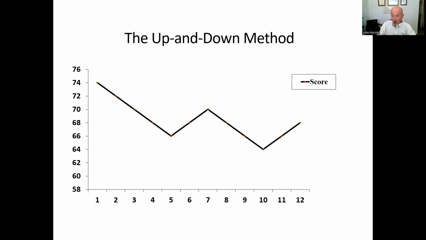I gave it to the group, they made judgments about it, and they said this is a pass. So then I got a 70 and they said pass again. Then I got a 68 and they said pass again. And then I got a 66 and they said fail.